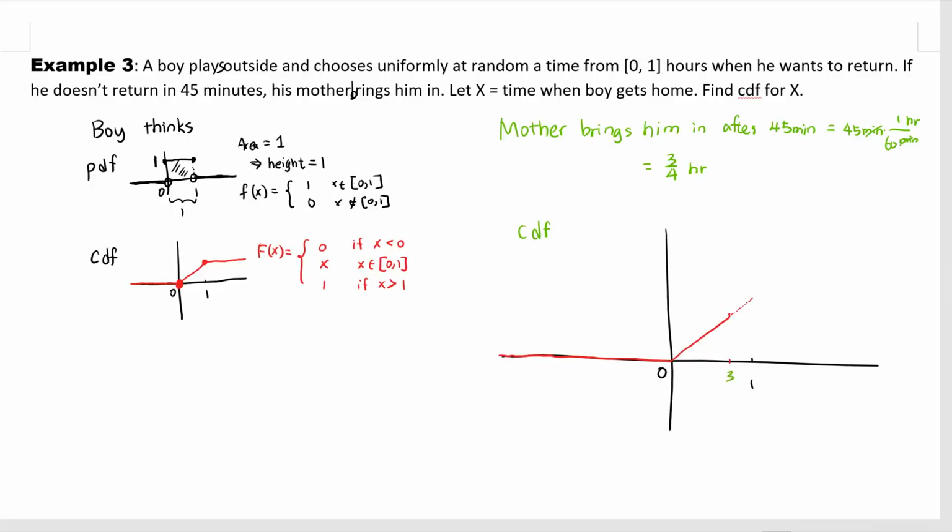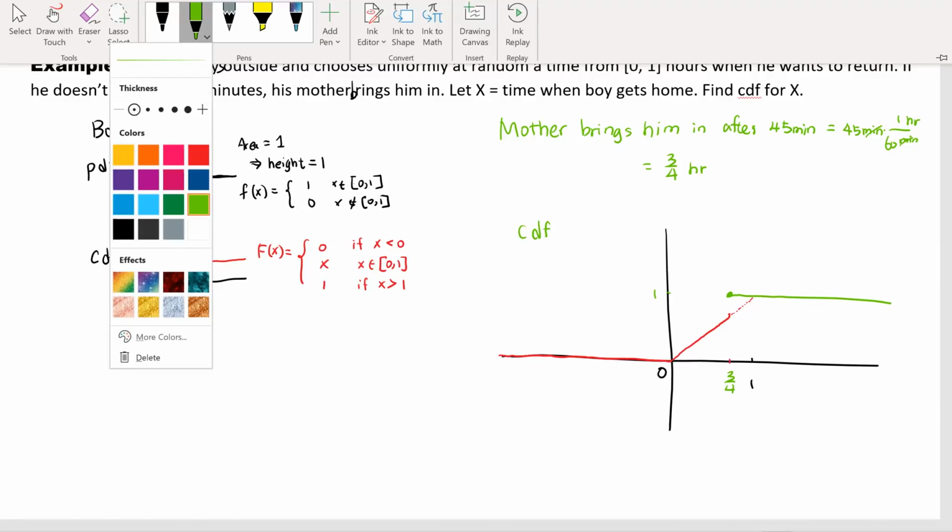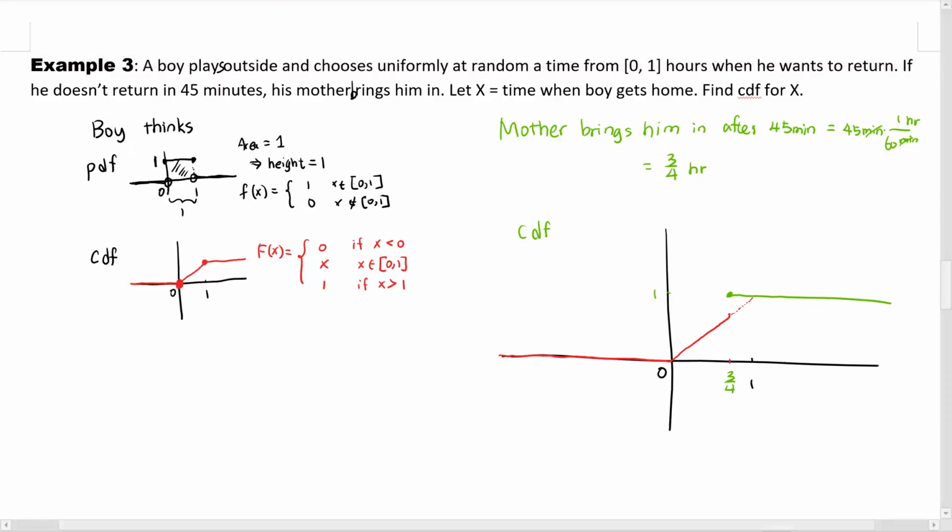So right at 3 over 4 hours, the mother says, no matter what, you have to be at home. So at this time, it's going to be like that. You must be at home. So this is the picture. The boy, this is 3 over 4. And then after the 3 over 4 hours, the boy has to be at home.